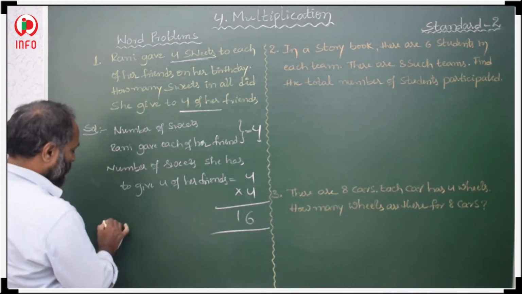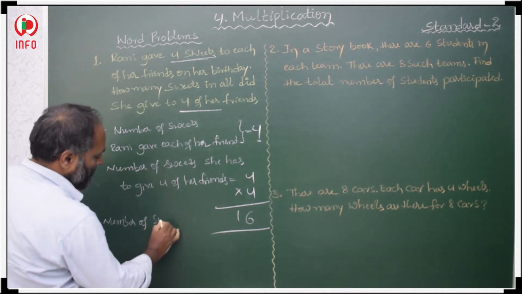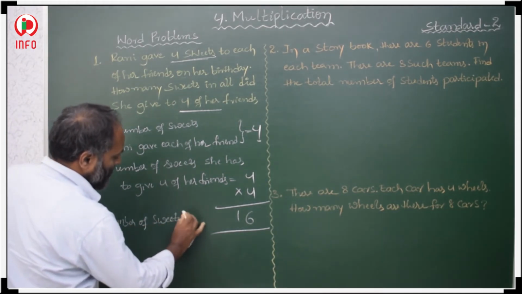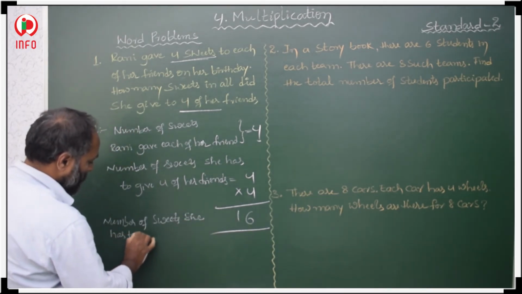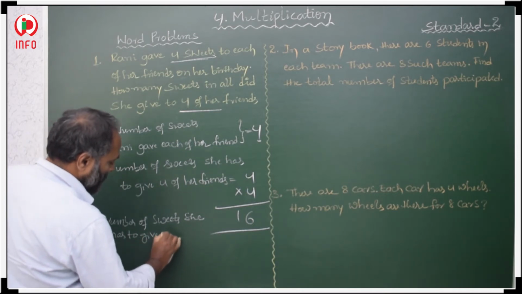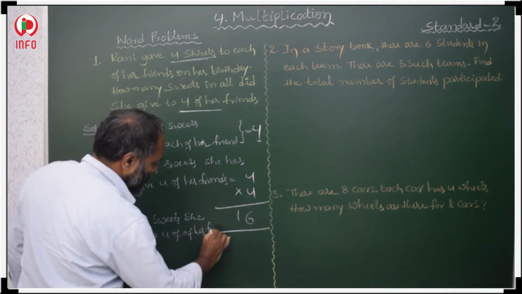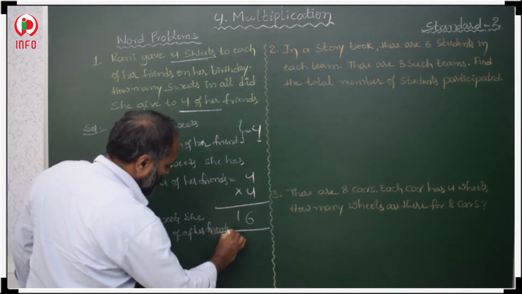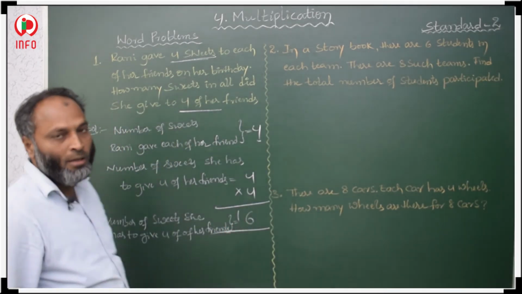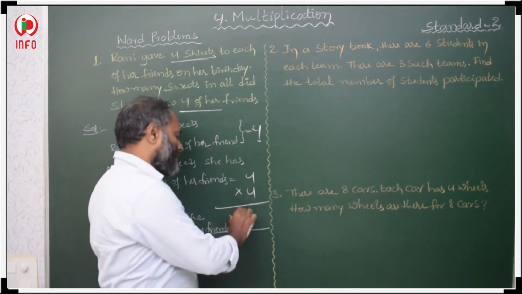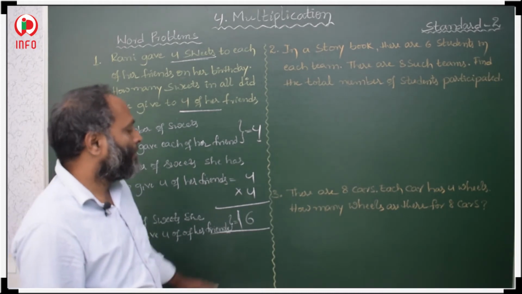Therefore, number of sweets she has to give 4 of her friends: 16 sweets. Total 16 sweets she needs to give 4 of her friends. Okay. This is the first question.